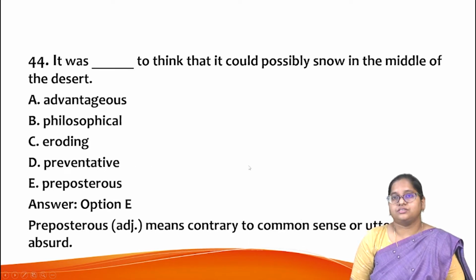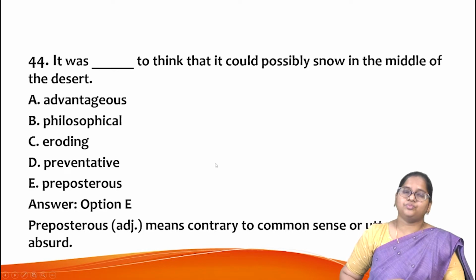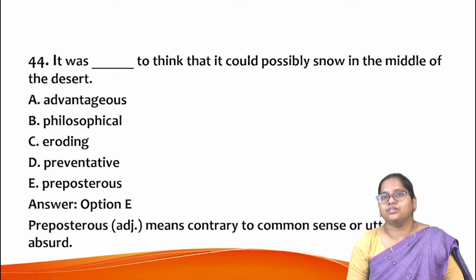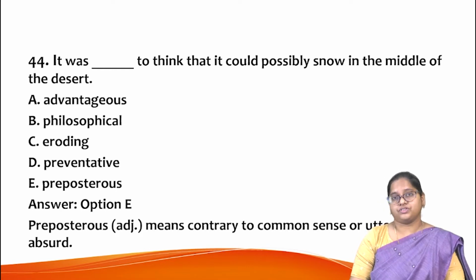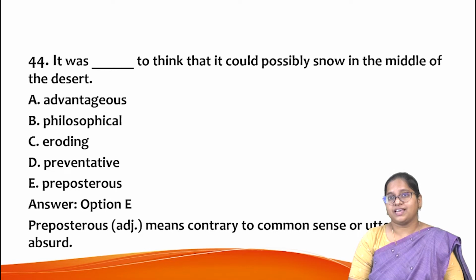It was blank to think that it could possibly snow in the middle of the desert. The options: A, advantageous; B, philosophical; C, eroding; D, preventative; E, preposterous. It was advantageous to think it could possibly snow in the desert?